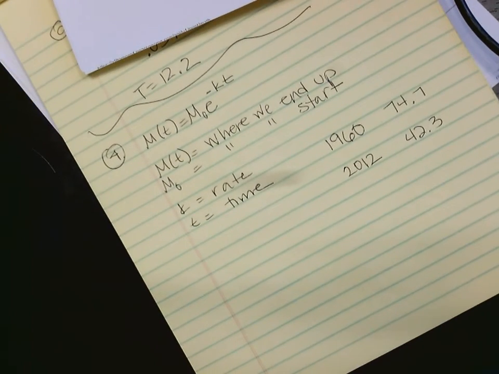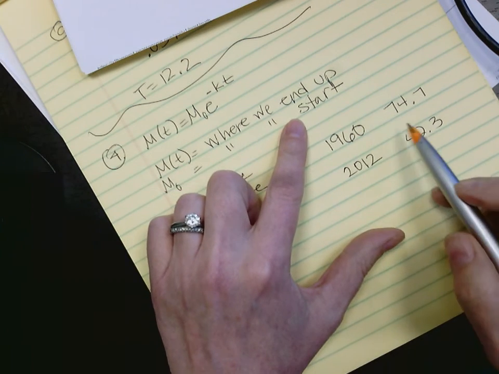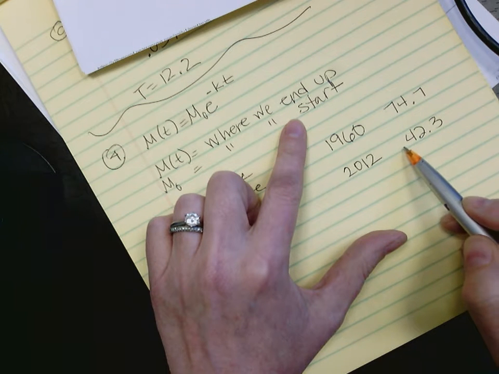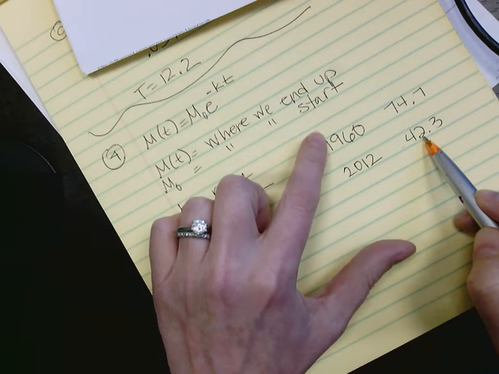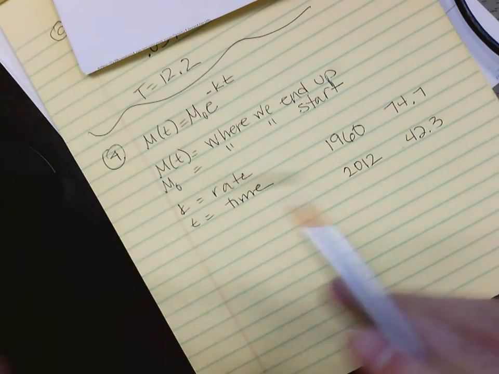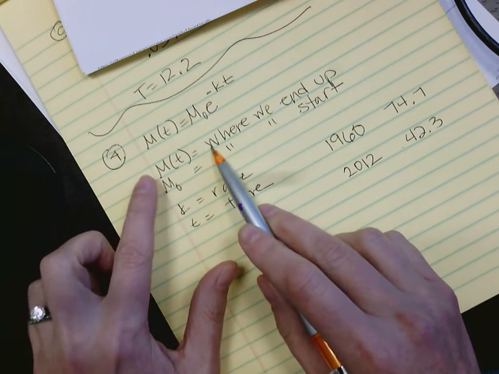So, what do I know? I know where we started. I know even where we ended up. And I know the time it took me to get there. So let's plug in what we know. Do I know where we end up? Where did the population end up?